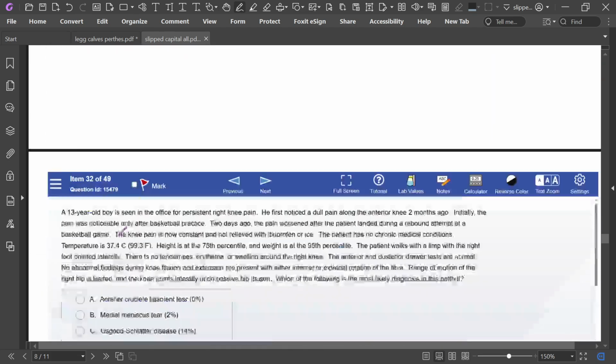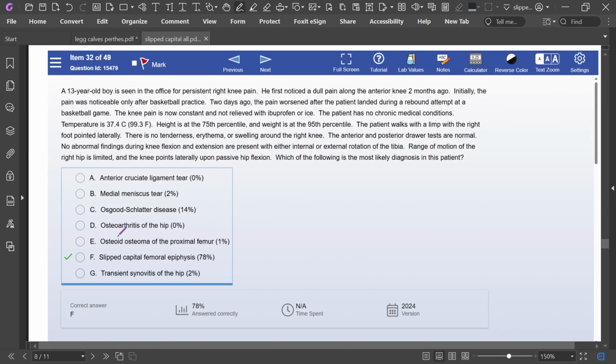Okay, if we look at this question, the patient walks with a limp, and the right foot is pointed laterally. This is the foot if it is pointed laterally.